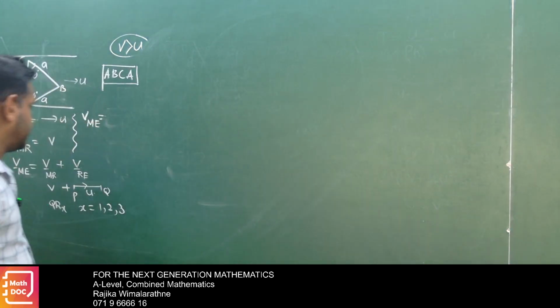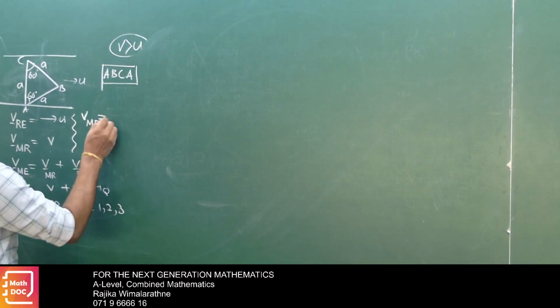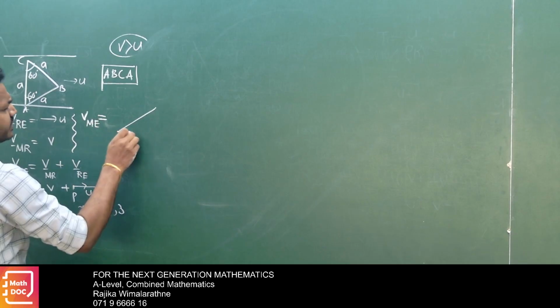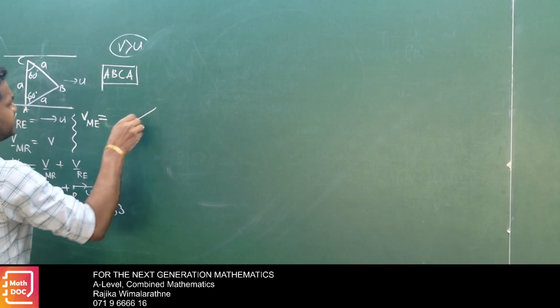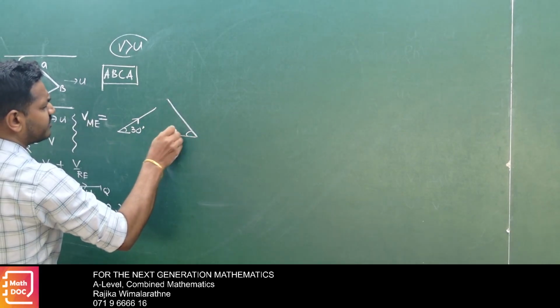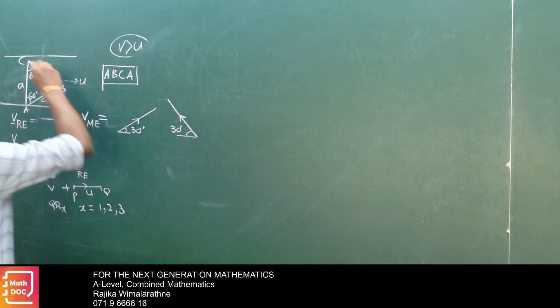Now here we have three cases. First, A to B at 30 degrees inclination to the horizontal, B to C again 30 degrees to the horizontal, then CA.